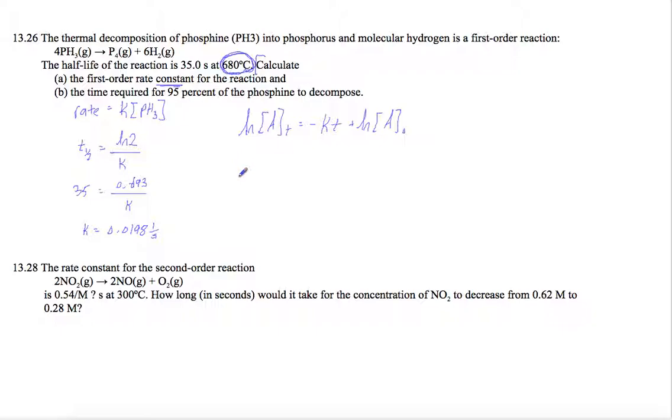We're looking for the natural log at 5% because 95% of it has decomposed, equals negative 0.0198 t plus natural log of 100. We end up with t equal to 151.3 seconds. So there we go. All right.